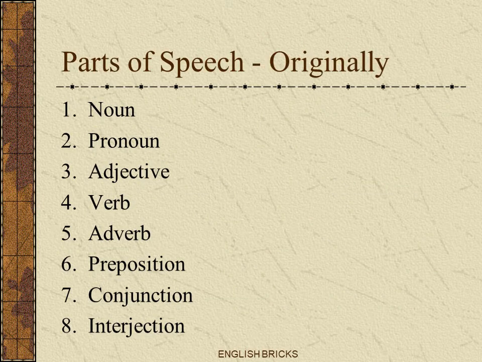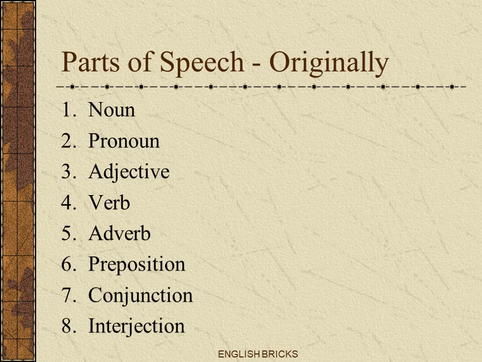Parts of speech originally. This was how the words were divided into 8 parts of speech: noun, pronoun, adjective, verb, adverb, preposition, conjunction, and interjection. The reason I said originally is that of late many grammarians have been rejecting interjection as one of the parts of speech.